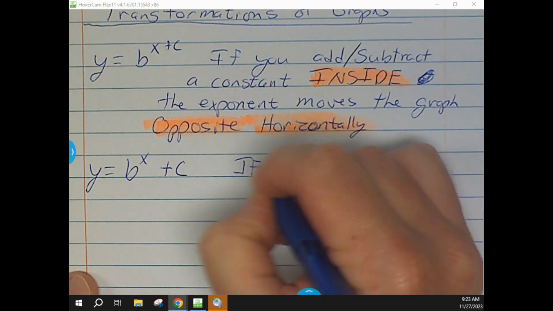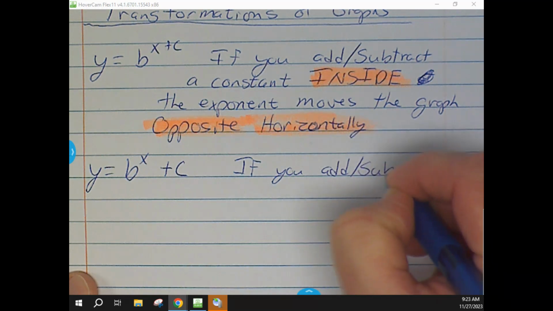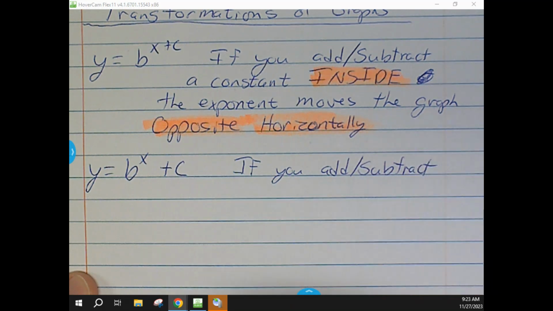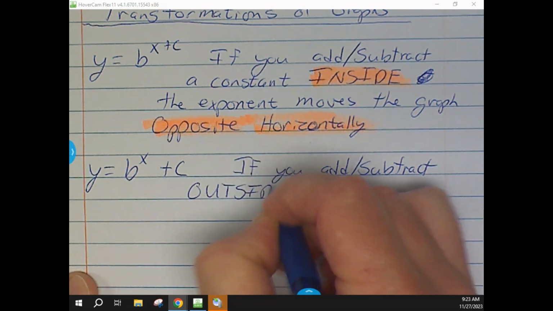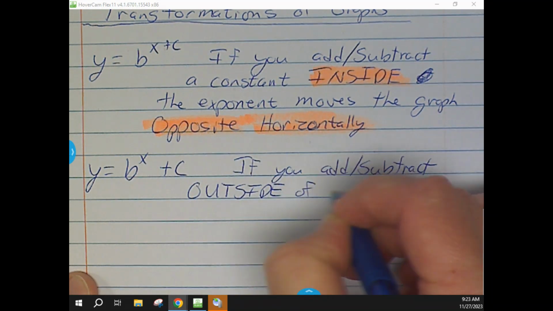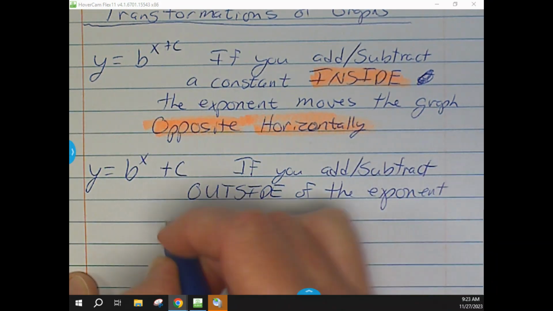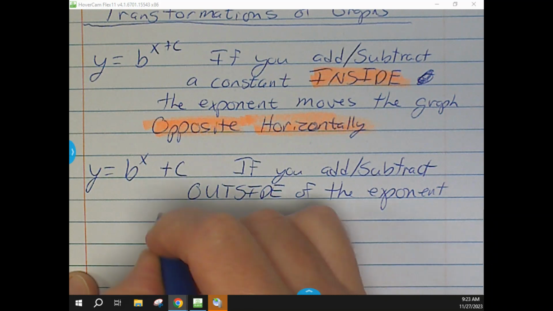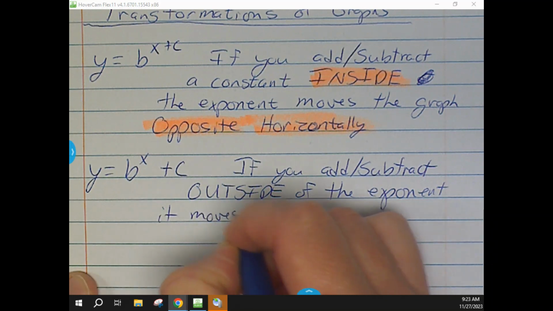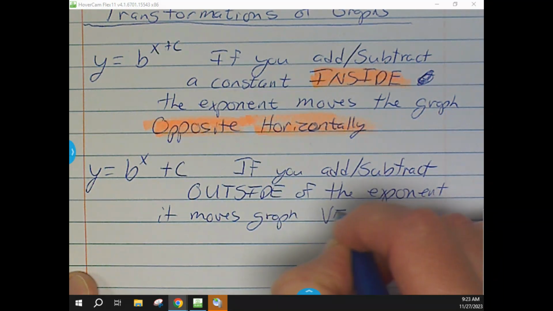So if you add or subtract something on the outside, it moves the graph vertically.